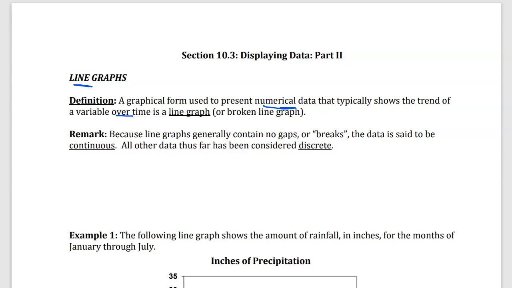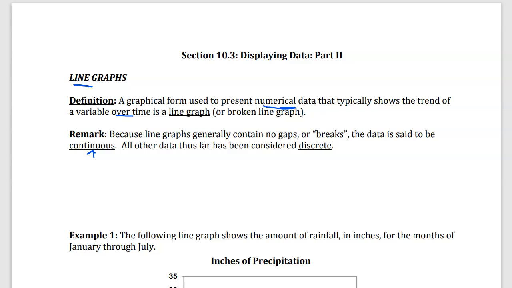Because the line graph generally contains no gaps or breaks, it's used for continuous data, meaning those that are things that can be anything in between.